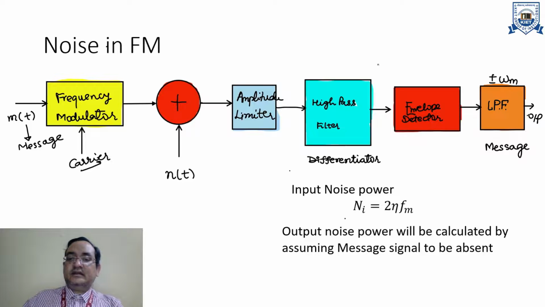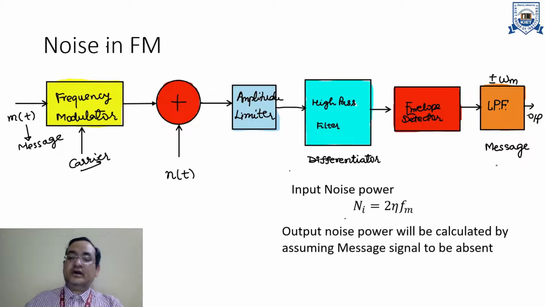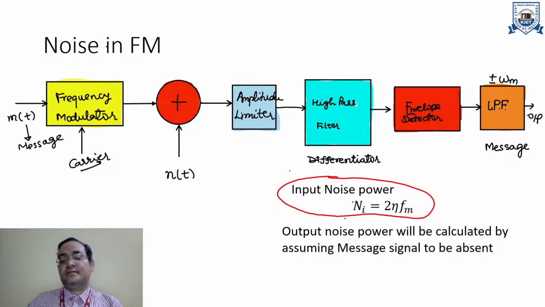At this point, I have calculated the value of S0(t), which is given by this one. Now I have to calculate the noise power. The input noise power Ni is equal to twice eta fm.